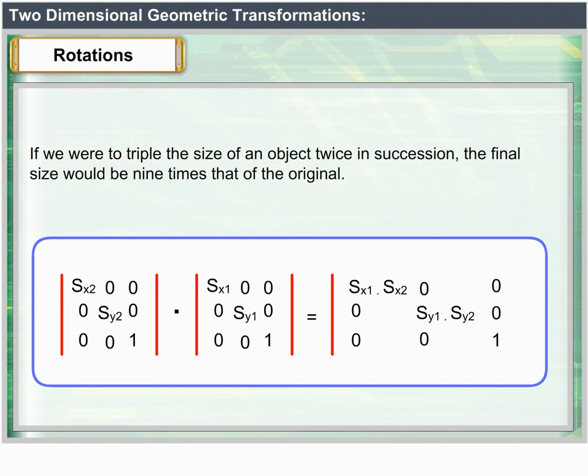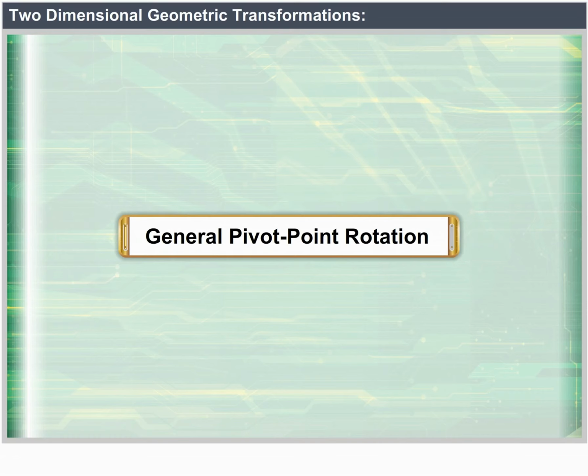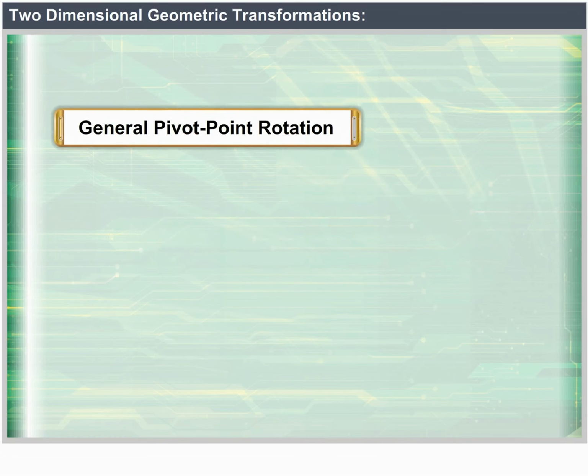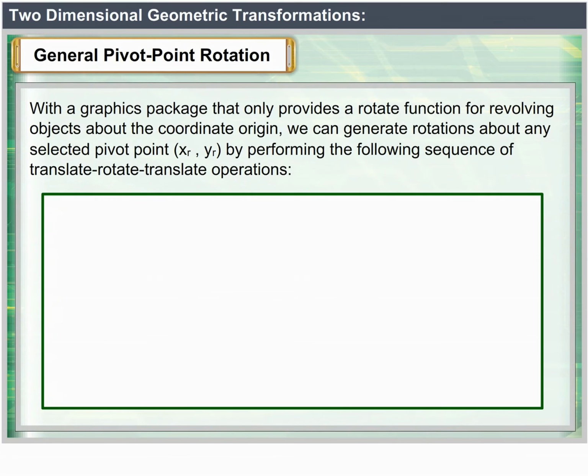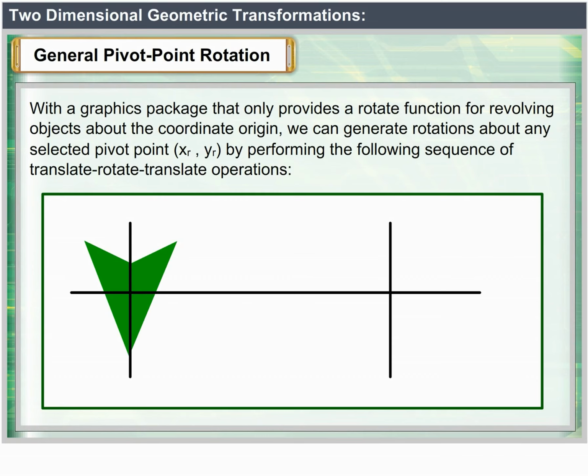General pivot point rotation. With a graphics package that only provides a rotate function for revolving objects about the coordinate origin, we can generate rotations about any selected pivot point (xr, yr) by performing the following sequence of translate, rotate, translate operations.